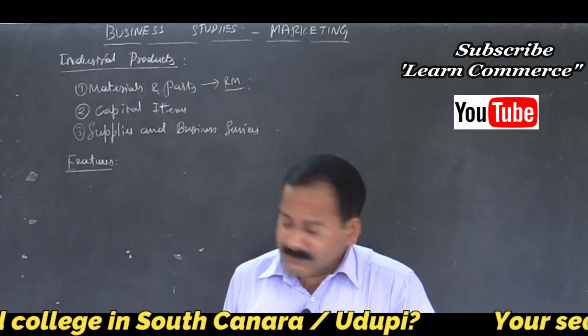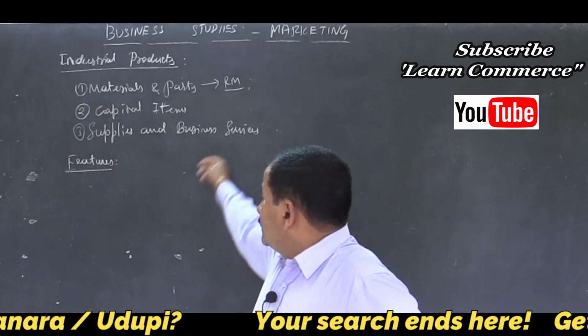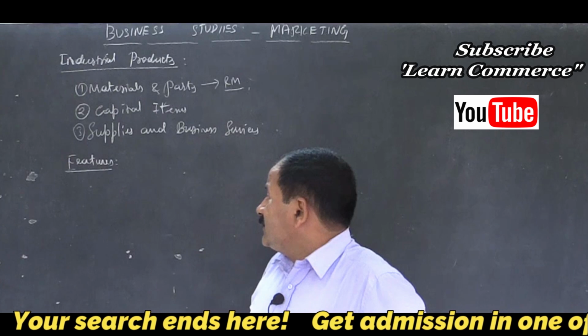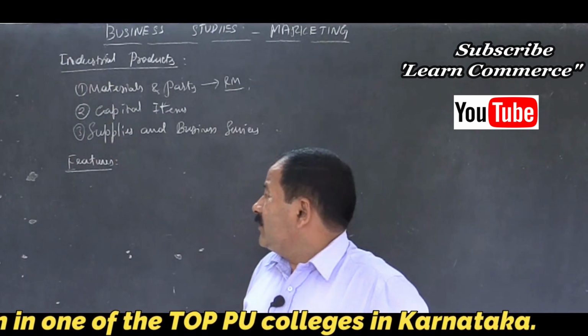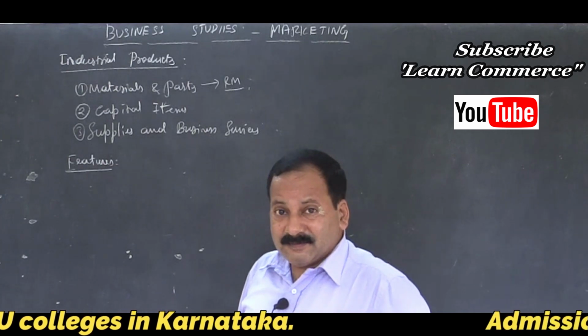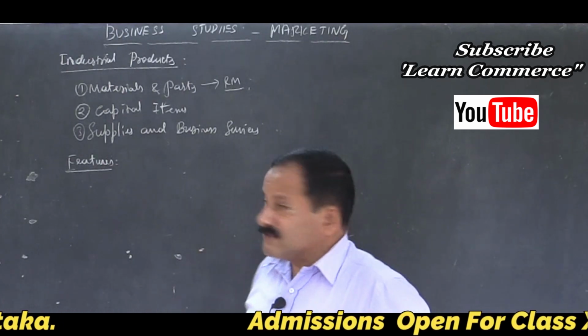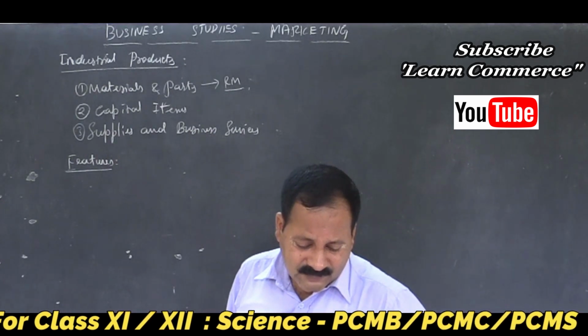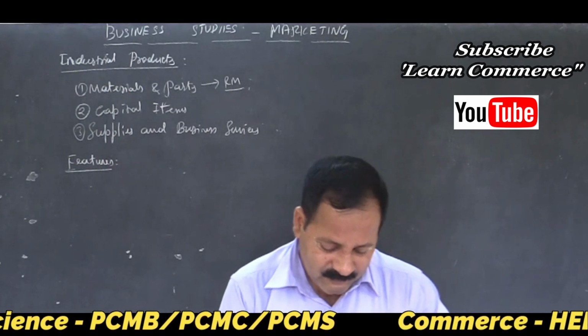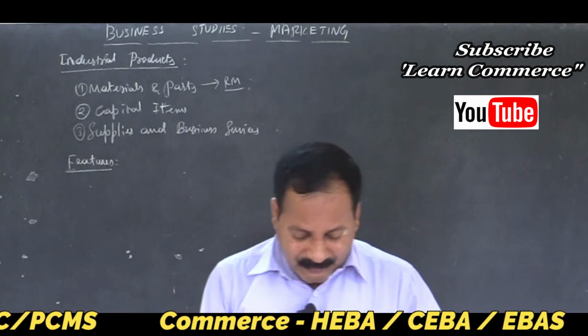And supplies and business services. Supplies like lubricants, isn't it? All these are required consumables. Then business services, that is service that are required to be given. So that comes under the industrial products.